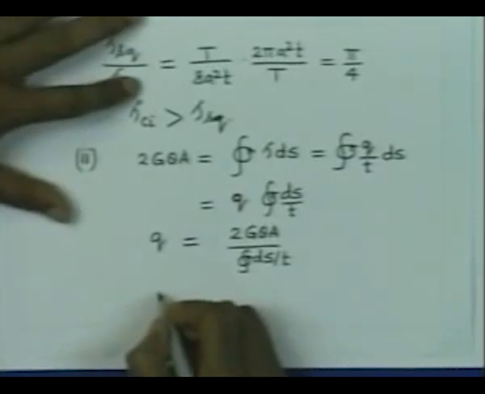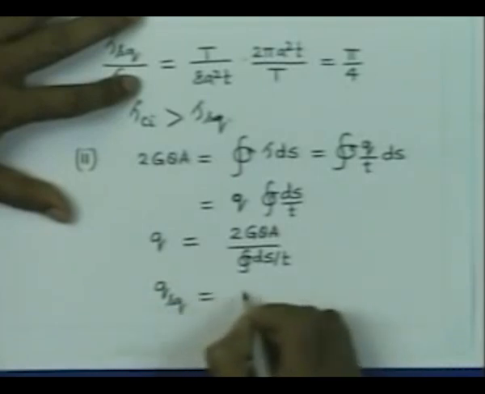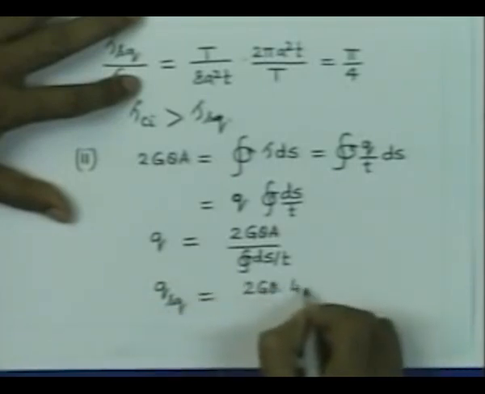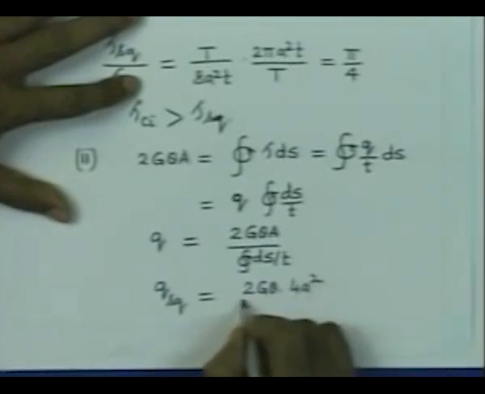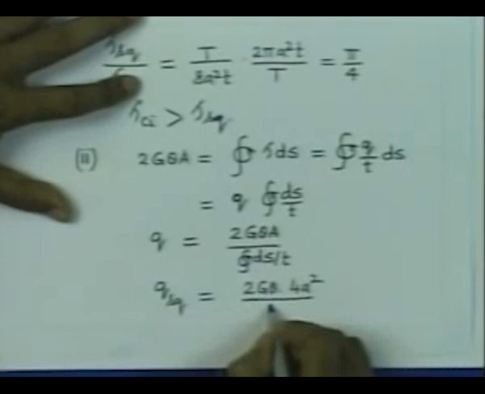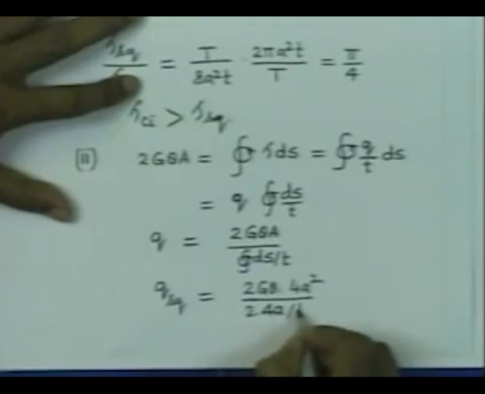So, therefore, we can now get the shear flow for the square is equal to 2G theta 4a square by 8a by t, so 2 times 4a by t.